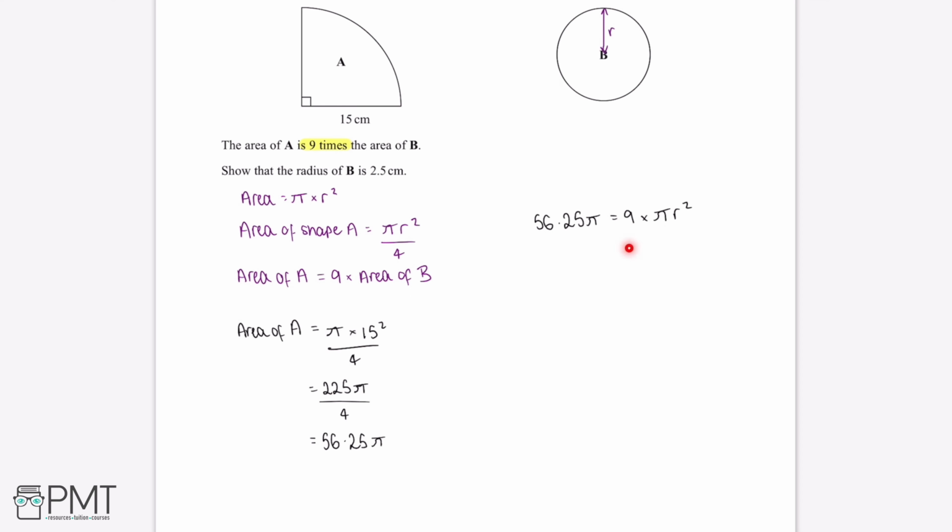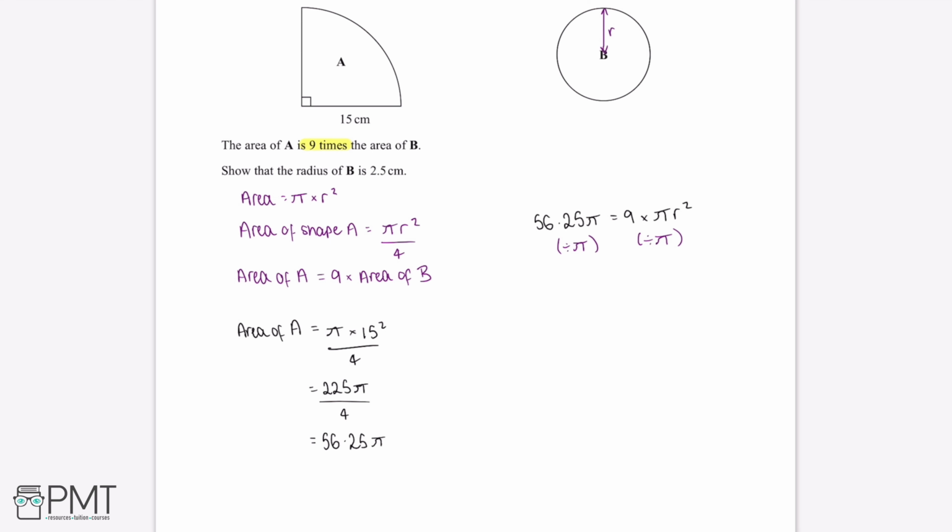So with this equation, in order to show that the radius of B is 2.5 centimetres, we're going to want to rearrange this equation to make R the subject. Now when looking at this equation, we can notice that there is a pi on both sides of this equation. So the first thing we can do in order to rearrange this equation is divide both sides of this equation by pi.